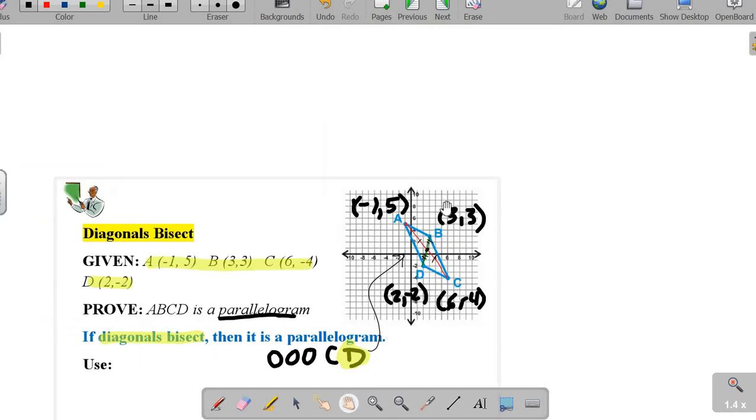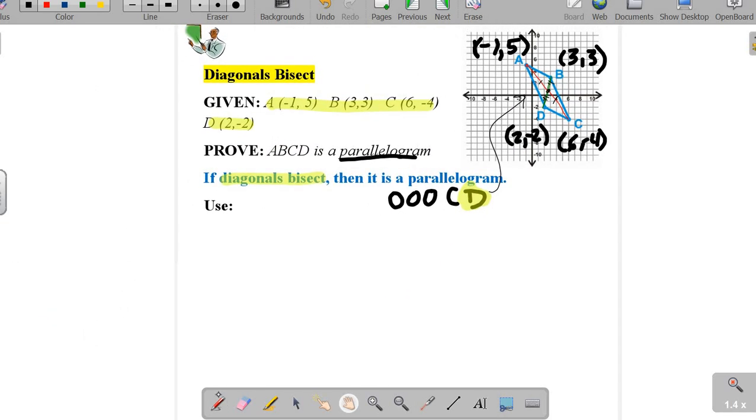So the way we're going to prove that is we're going to be doing the midpoint of A to C, that's one diagonal, and the midpoint of D to B.